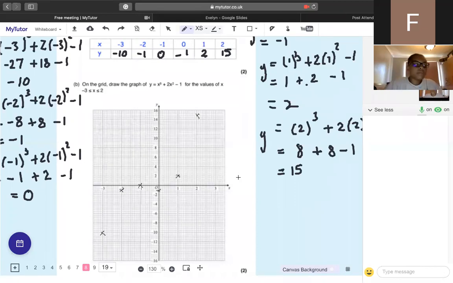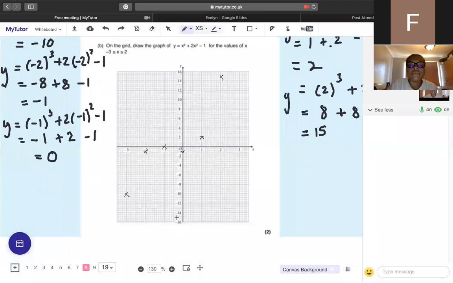So at the moment, it doesn't look like a graph which we've drawn before. Obviously, we haven't gone through cubics before. If we try to follow the graphs that we've seen previously, all we have to do is draw a smooth curve that goes through each of these points.